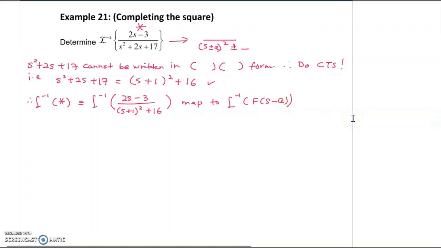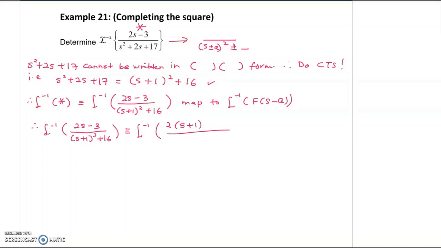So we need to perform a little bit of manipulation to the 2s minus 3. So the inverse of 2s minus 3 over s plus 1 squared plus 16 is now equivalent to... let's see now, how do we manipulate 2s?